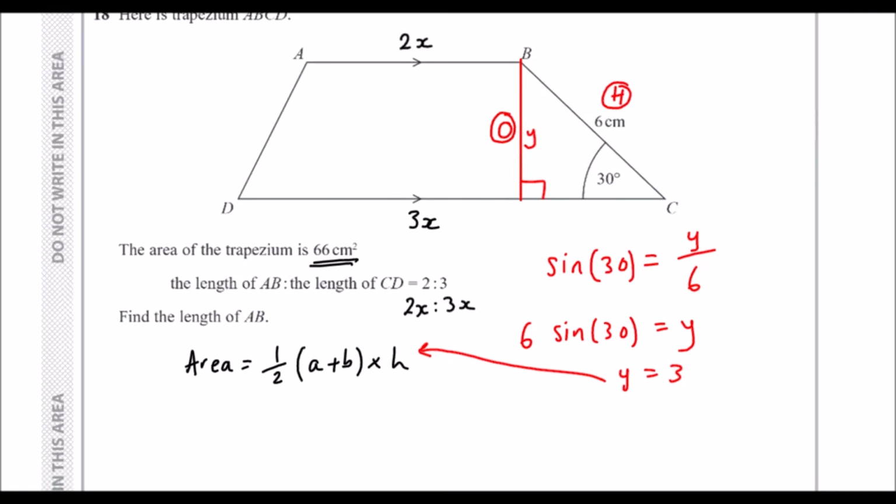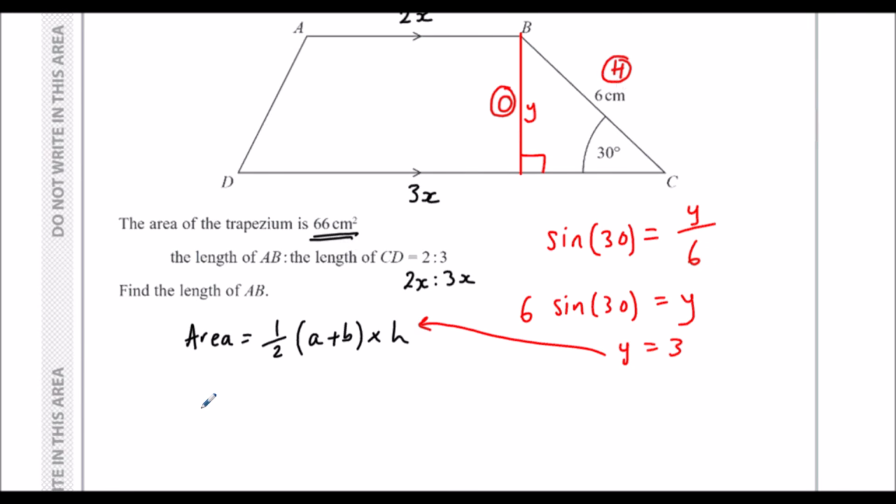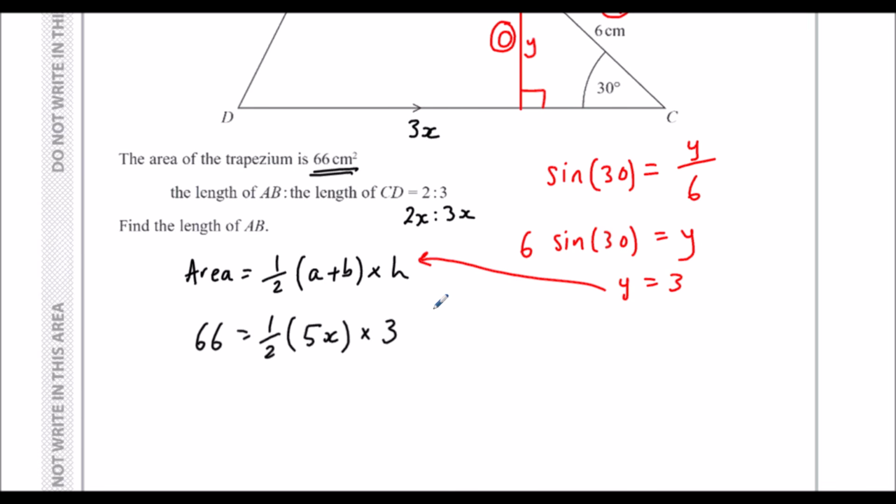So now we can use our area. The area is 66, and that's equal to half the sum of the parallel sides, so 2x plus 3x, which is 5x, times the perpendicular height, 3. So solving this equation, divide both sides by 3. 22 is half of 5x.